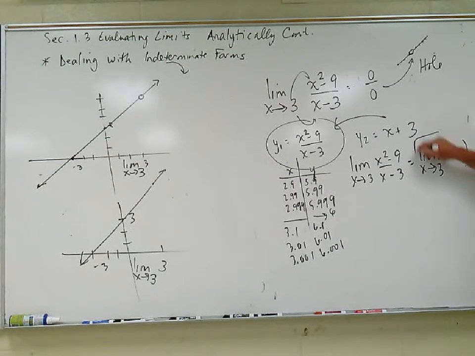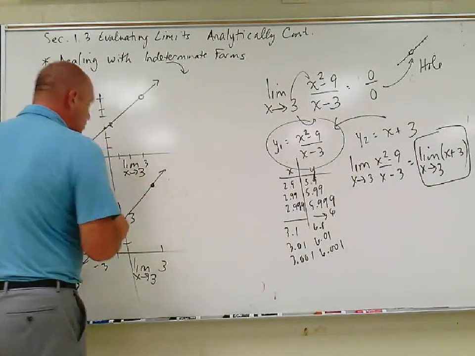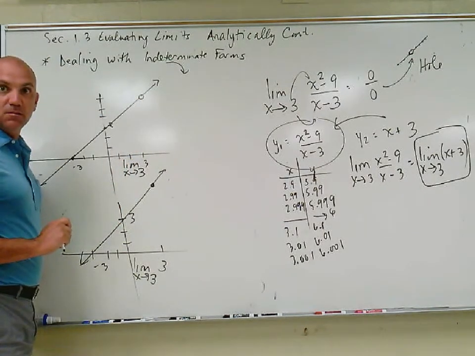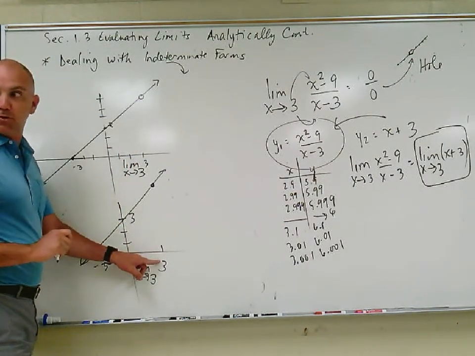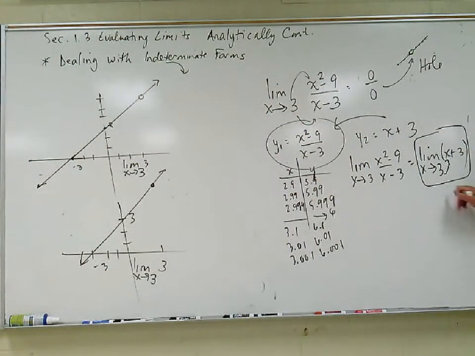So if I knew that they were that closely related, I could just do direct substitution. If I had this problem here, this one doesn't have a hole, it's got a point, in the exact same spot that hole is. If I do direct substitution here, what answer do I get? 6, which is what we got.